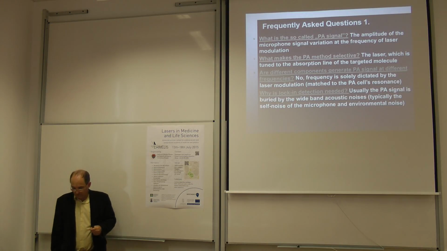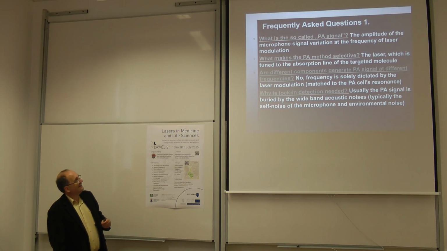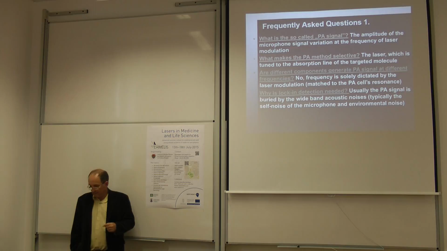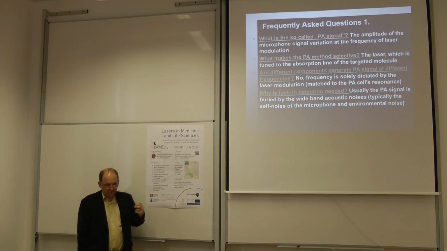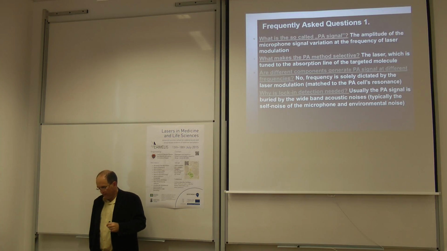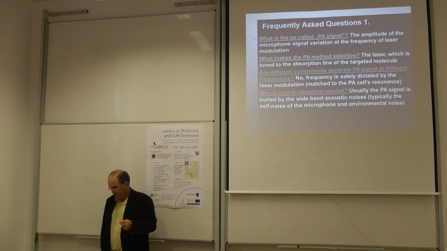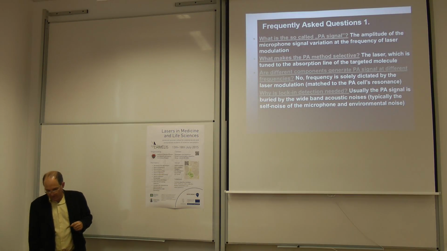The next question is why we need to apply a special so-called lock-in detection. The answer is that the photoacoustic signal is weak. It's sometimes in the nanovolt region, or if you talk about acoustic amplitude, then it's a micropascal region.